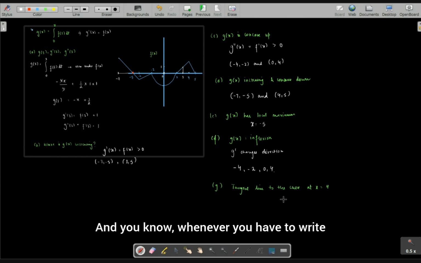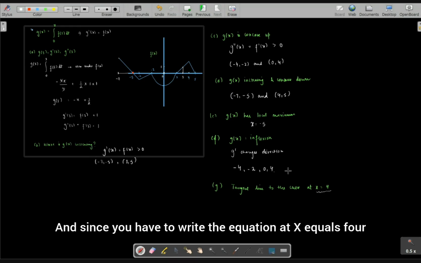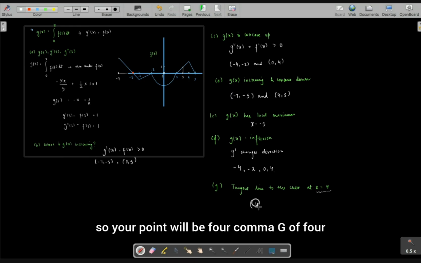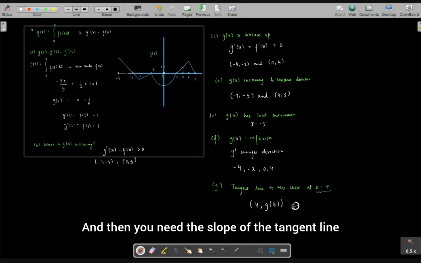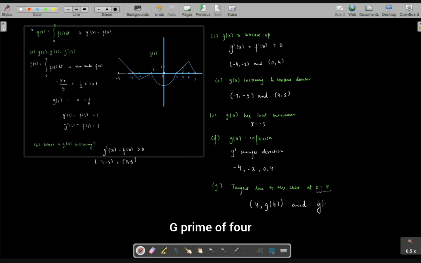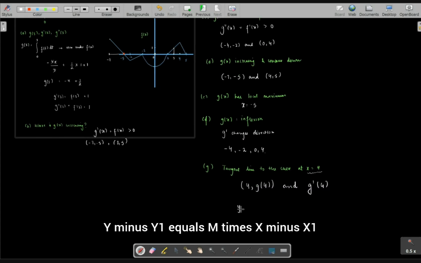Whenever you have to write the equation of a tangent line, it's always better to go with the point slope form. Since you have to write the equation at x equals 4, your point will be 4 comma g of 4. And then you need the slope of the tangent line, so that will be g prime of 4. Then you can use the point slope form y minus y1 equals m times x minus x1.